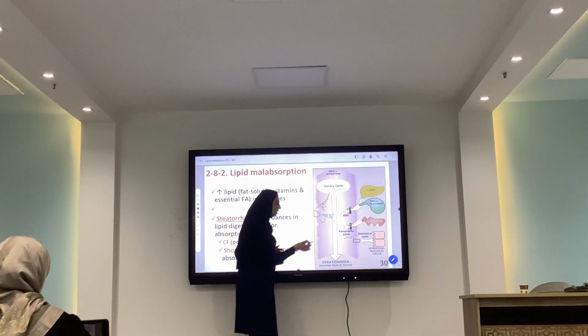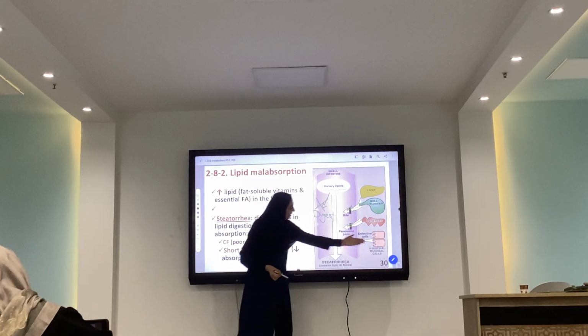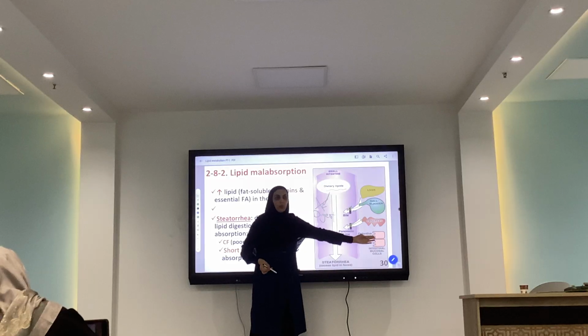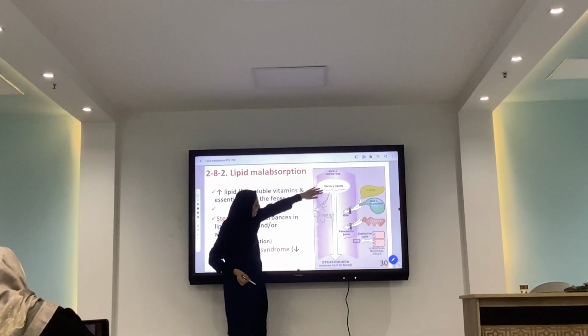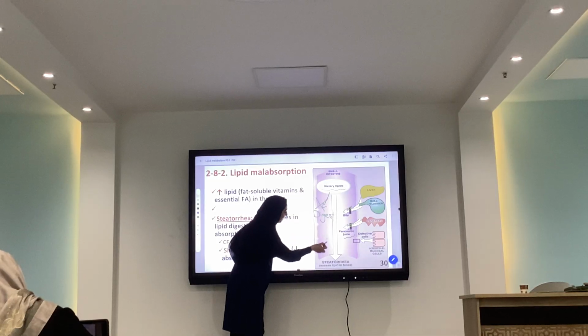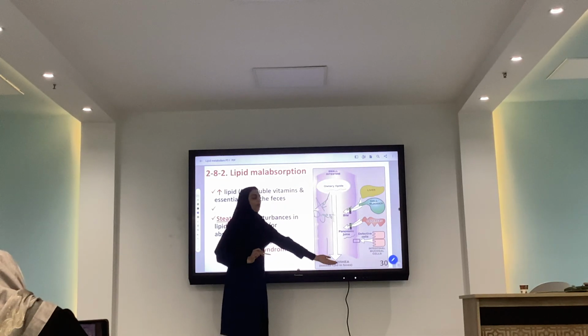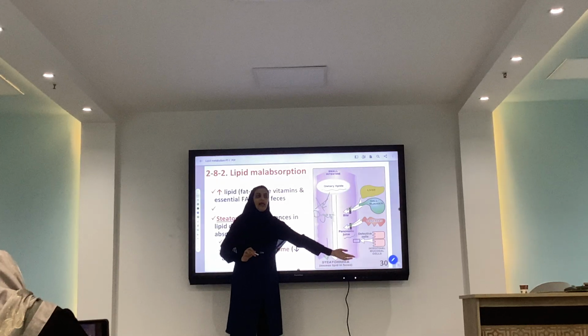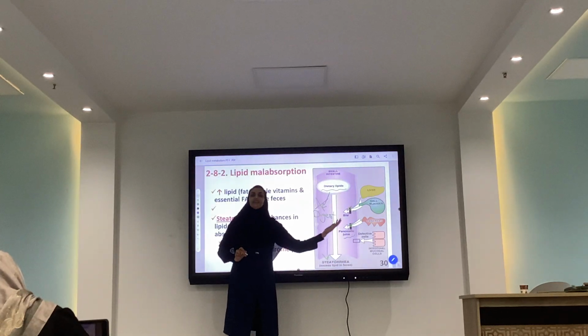When they cannot be digested, can they enter the cells? No. They just remain in the intestinal lumen and are excreted from our body as lipid and fatty stool.